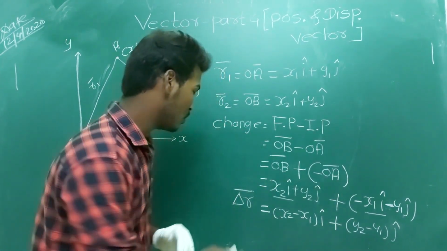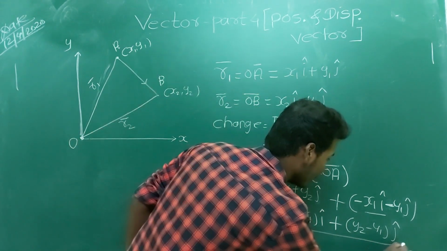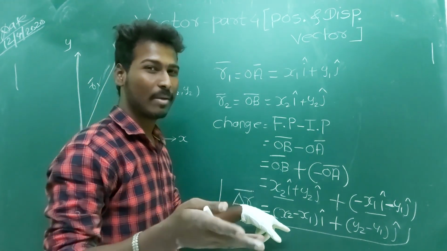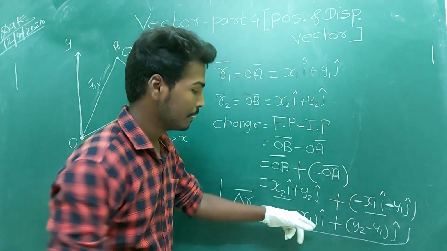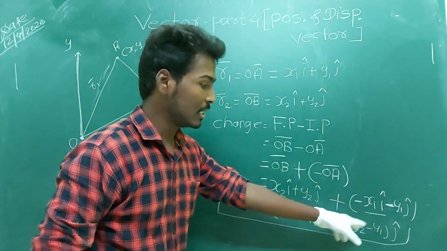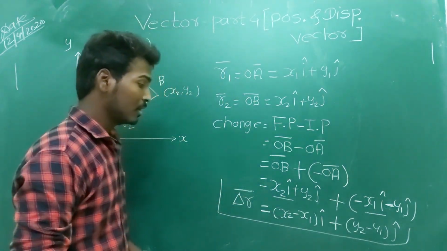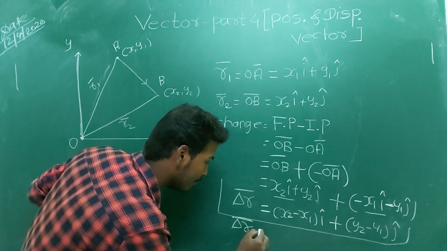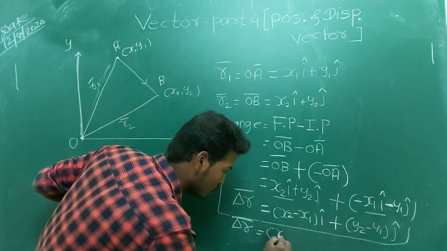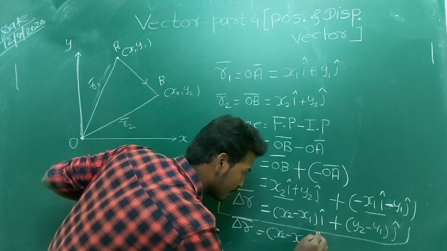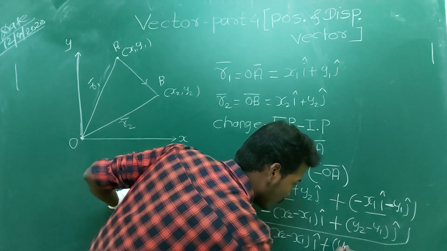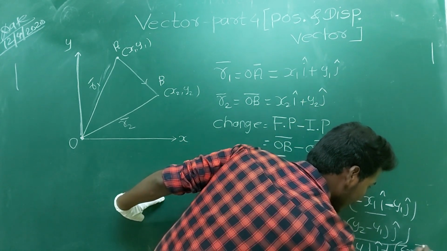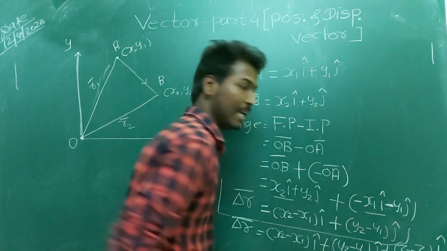इट इज वेरी इजी. सो डिस्प्लेसमेंट वेक्टर डेल आर बार इज नथिंग बट, for two coordinate points, means xy plane or yz plane, x2 minus x1 bracket complete I cap plus y2 minus y1 bracket complete j cap. For three dimensional space, we can take it as del r bar is equal to x2 minus x1 I cap plus y2 minus y1 j cap and plus z2 minus z1 k cap.